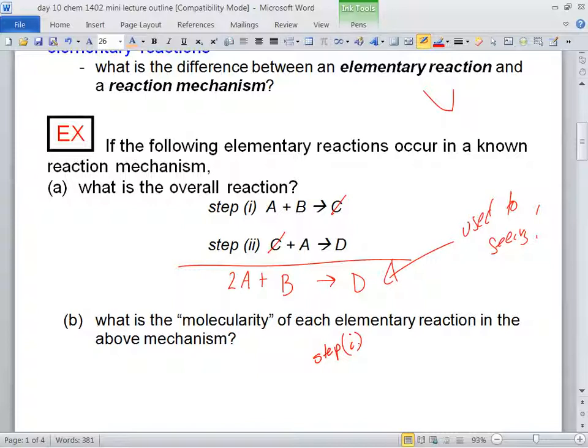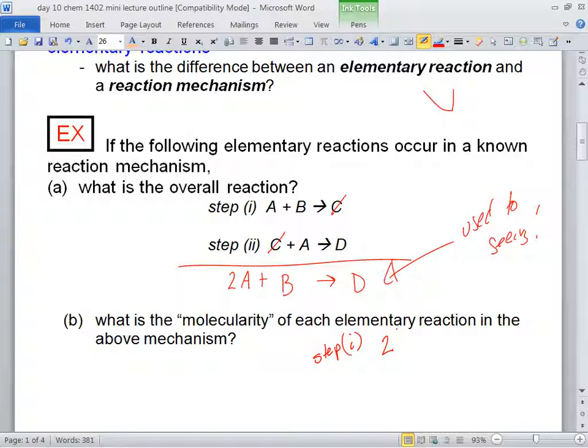To get it to happen, you need how many molecules to collide at the right orientation, the right energy? Yeah, 2. So that's all they're saying. Molecularity is the number of molecules that have to collide at the right orientation, at the right energy, and then you'll get it to happen. So for step 1, it's just 2.